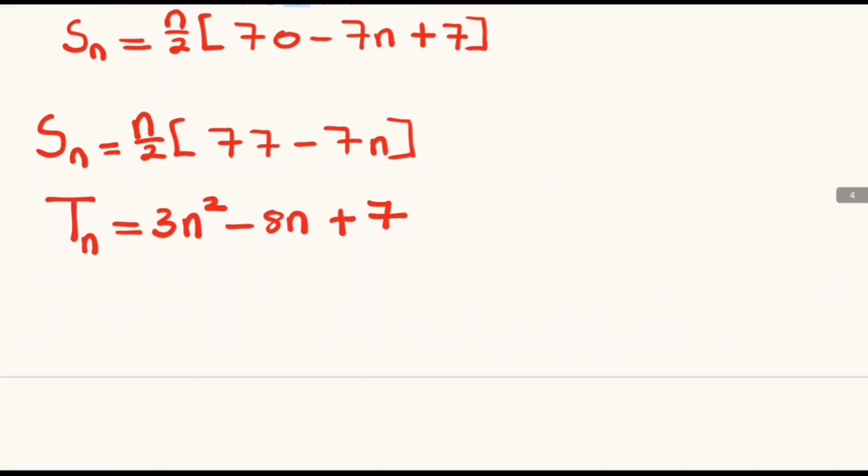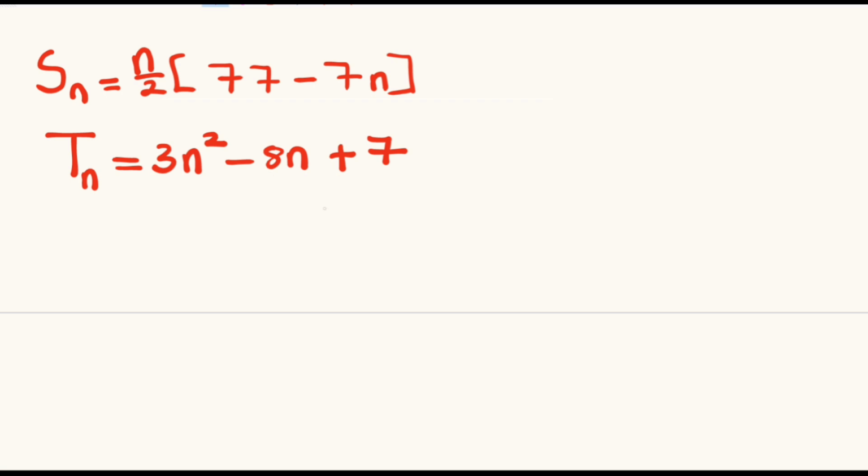We have to determine what n will be when Sn is equal to Tn. So what will be the value of n when these are equal? We just equate and solve for n.